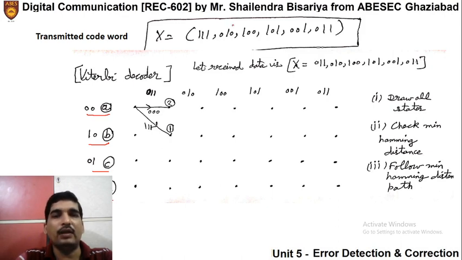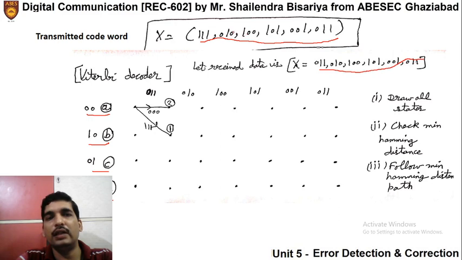Okay, it was our transmitted code word, and let us say we received this code word at the receiver. You can see that it was 111, and I have written here 011 to represent that there is an error in the first position. The rest I have taken the same, just for the simplicity of the analysis, so that you can understand it in a proper manner.